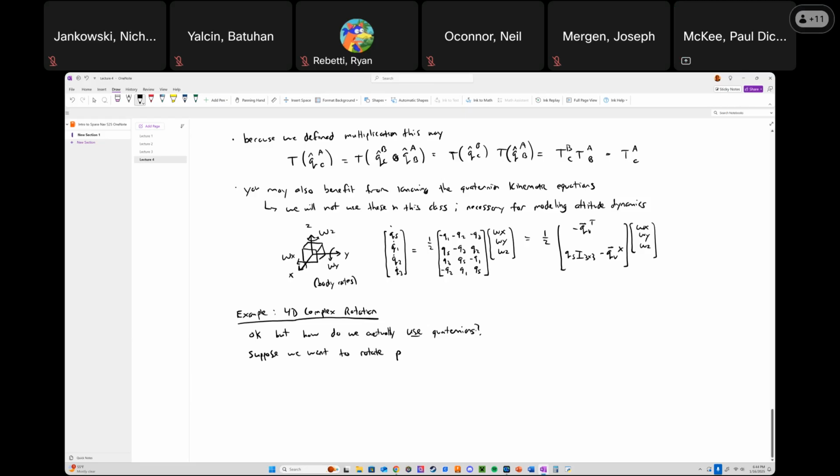Let's say we've got some vector p, and p is just 1, 2, 3, about some vector which is just, I want to take 1, 1, 1 and then normalize it, by 45 degrees. Okay, what we're going to do is do that using a direction cosine matrix and using quaternions.